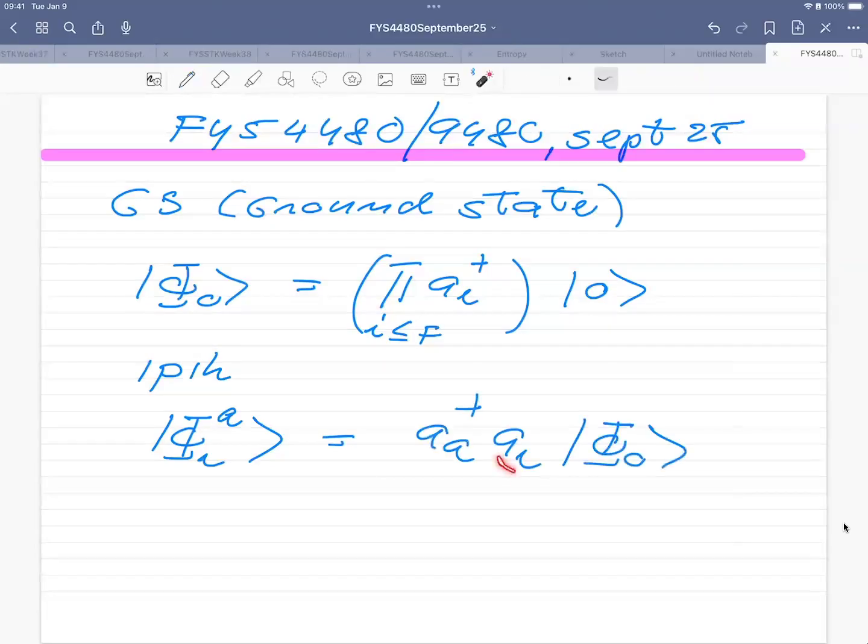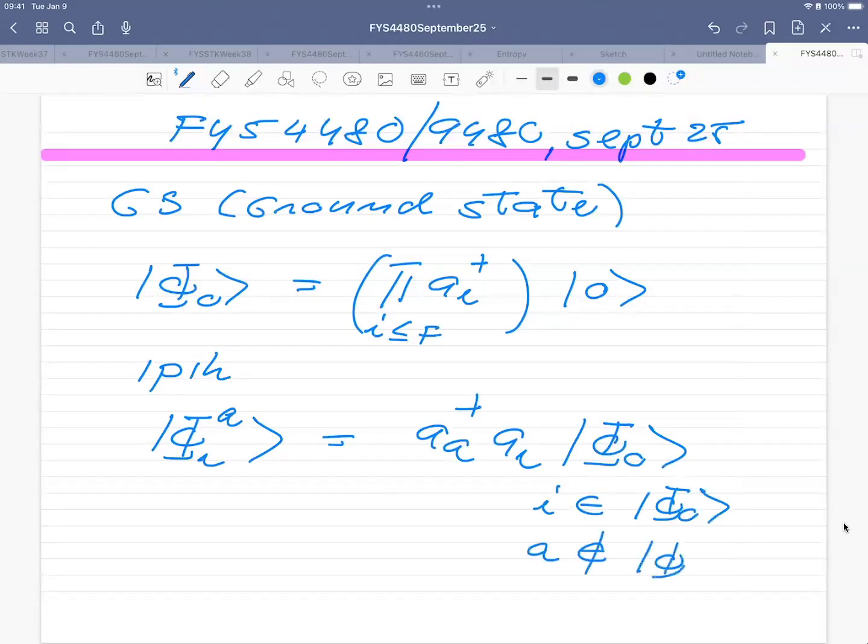So this operation here takes out one particle below the Fermi level. And here we have assumed that i is included as a single particle state in phi 0, whereas a is a state above the Fermi level and is not included in phi 0. So that means that we create what we have been calling a one particle, one hole excitation. So it's just a way of relabeling all the possible ways we can distribute particles in single particle slots.